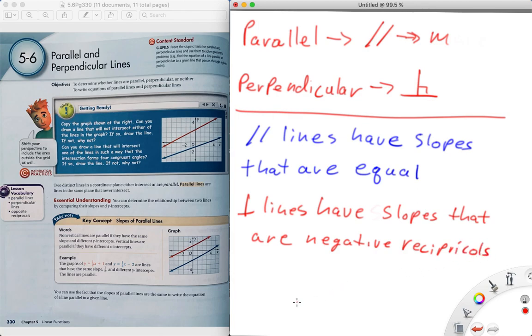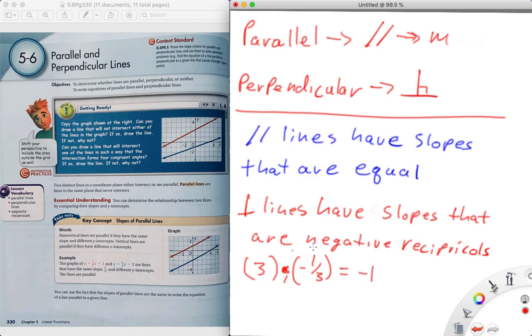So what does negative reciprocal mean? If I had a slope of 3, then its perpendicular slope would be negative 1/3. And when I multiply negative 1/3 times positive 3, I'm always going to get a minus 1.